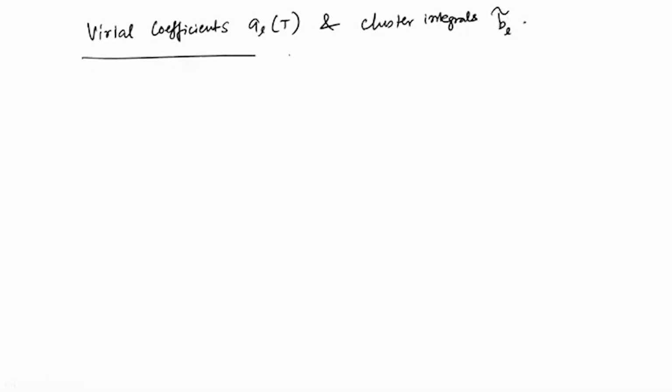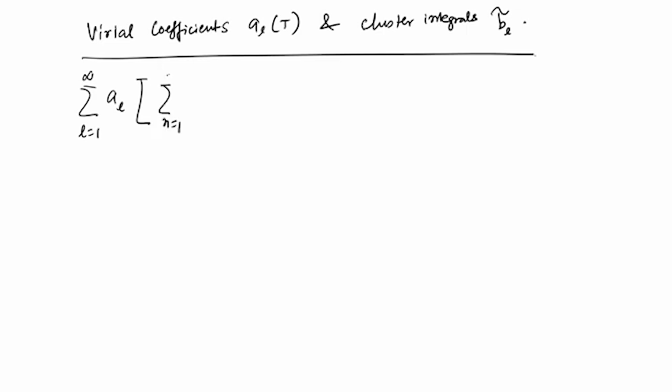b_l tilde. So, this relationship is important, and the relationship can be obtained by just comparing the equations of state, which is sum over l equal to 1 to infinity of A_l, and so there is this sum over n equal to 1 to infinity, n b_n.